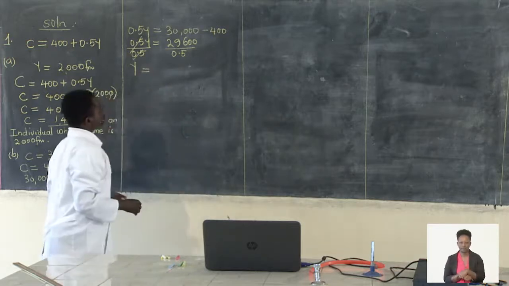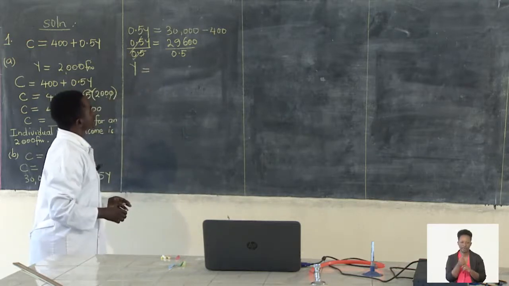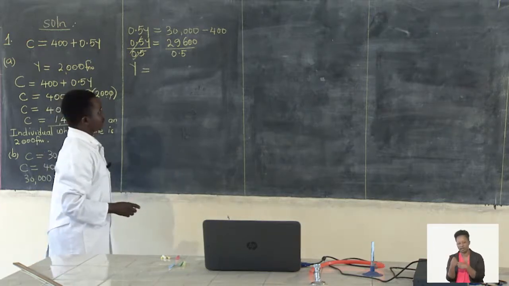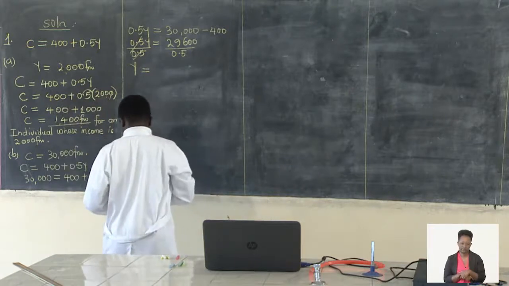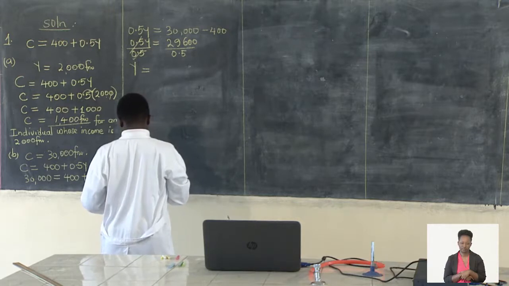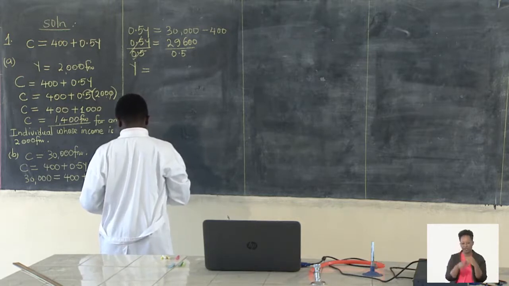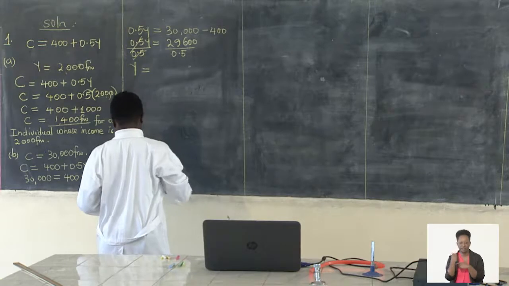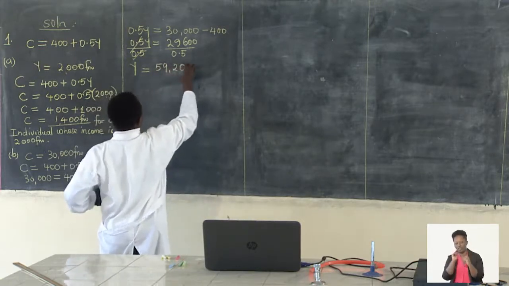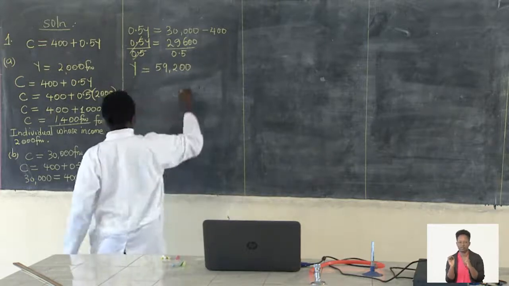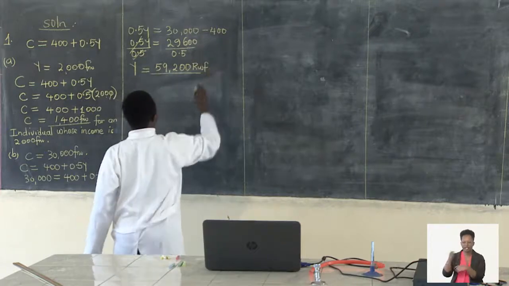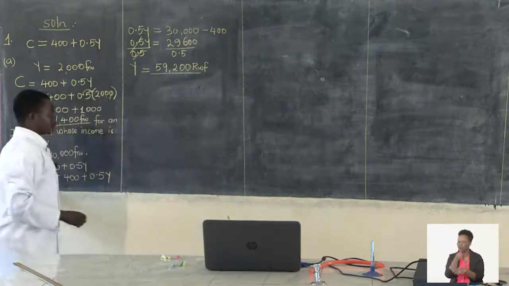If you get 29,600 divided by 0.5, what do you get? You get 59,200. So this will be the disposable income for a person whose consumption expenditure is 30,000.